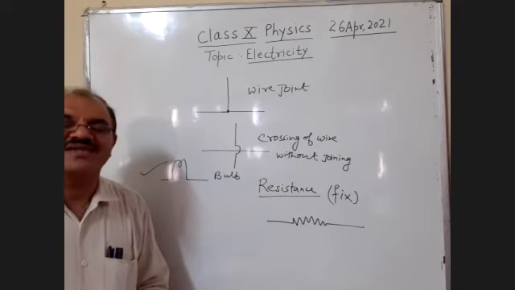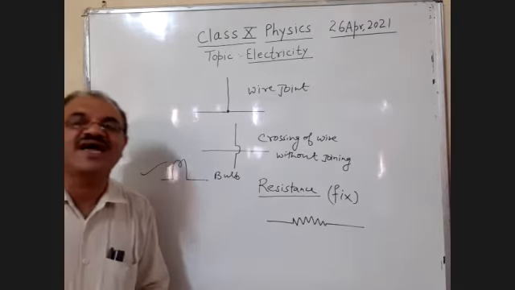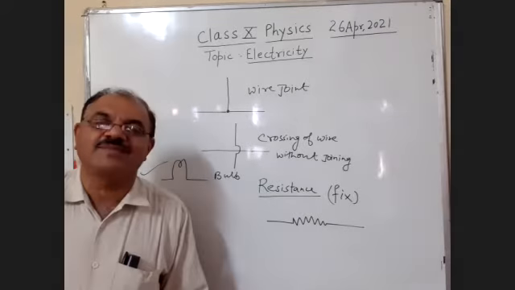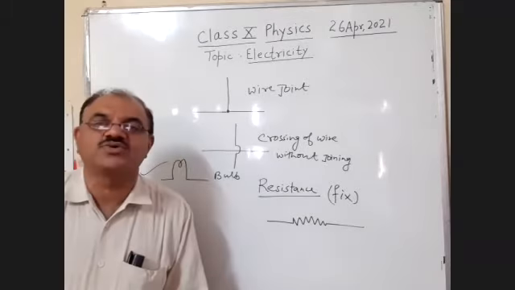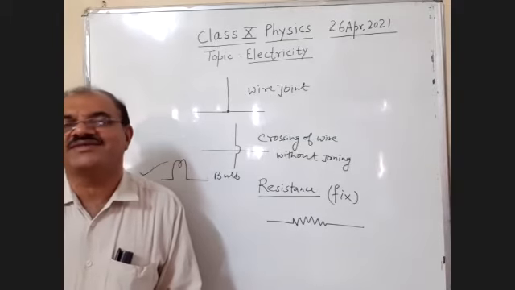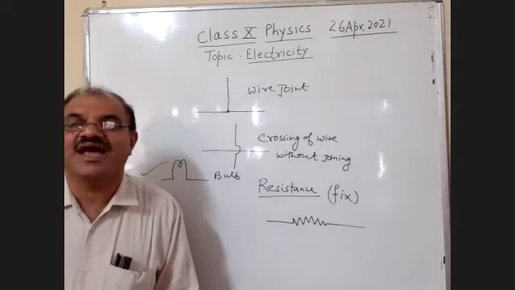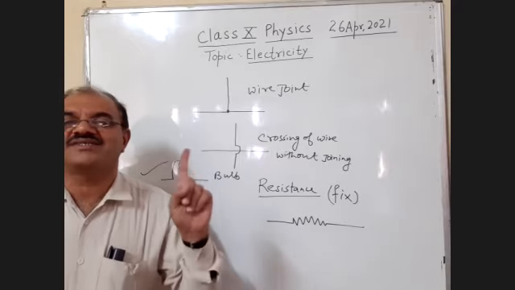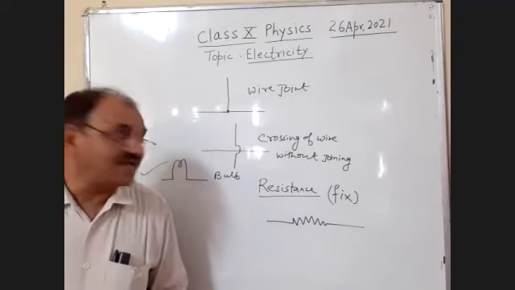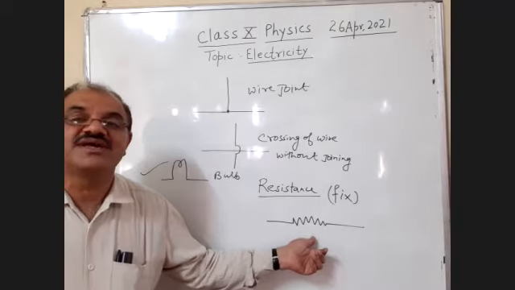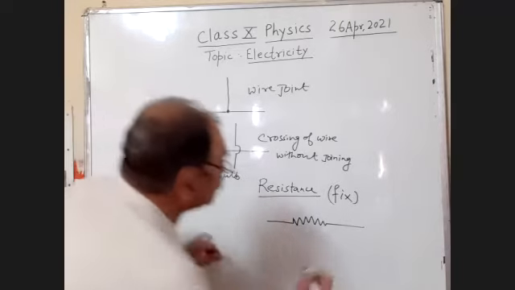If I require this component, for example, an electrical appliance is not working and I take that appliance to the mechanic. Now the mechanic says, sir, there is a fault in this, and one resistance needs to be changed. Now, student, if a specification is given on this, say it is 2 ohm.